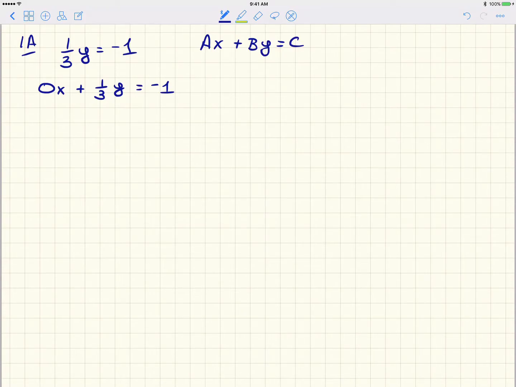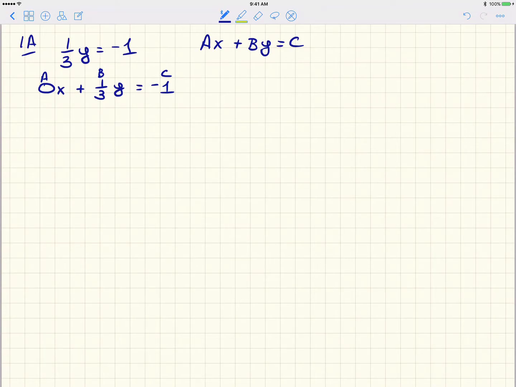So 0 would be my a value, 1/3 would be my b value, and -1 would be my c value. We're going to come back and draw this graph out, but for right now, just understand that this is a linear equation.